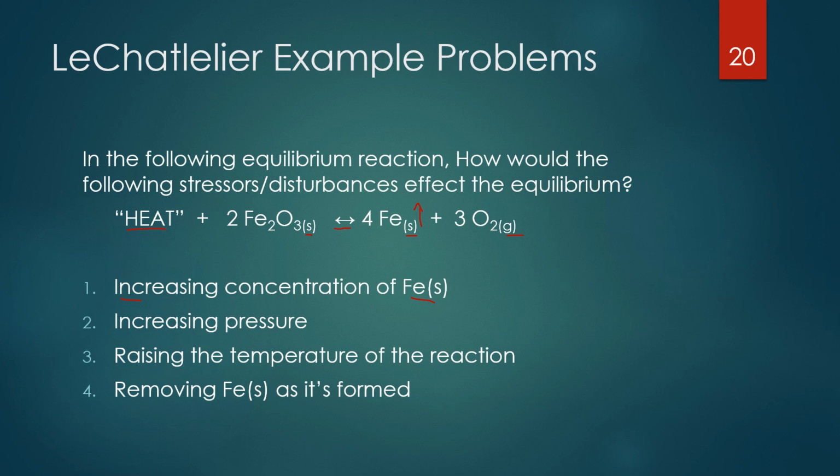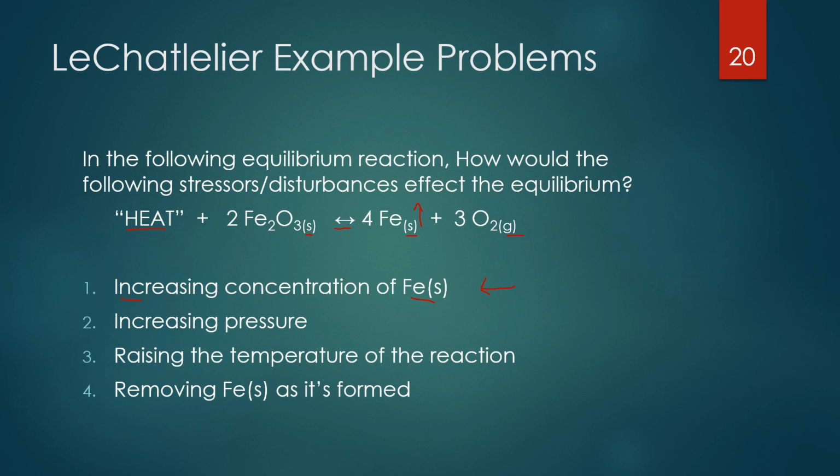I just ruined the equilibrium. It's not at equilibrium anymore because I added more iron. What it's going to do is try to go back to equilibrium, and how it does that is it wants to get rid of what I just added. In order to get rid of it, it's going to shift towards reactants, to the left, to get rid of the excess that I just added.